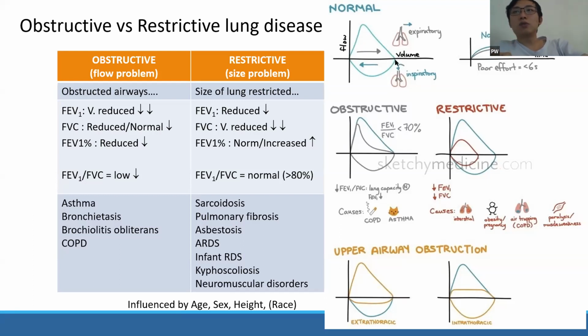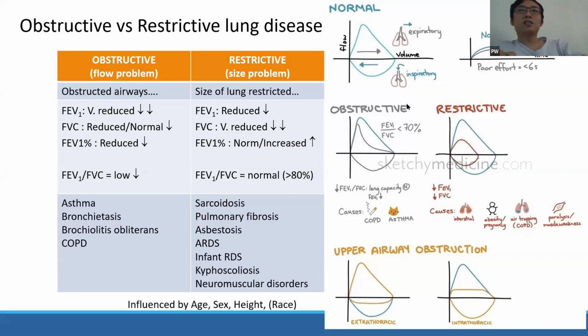In terms of breathing in, you can take a fairly large scoop and it's fairly constant throughout. You don't get that sudden peak, and it's a lot more gradual. That's what a normal lung looks like. Generally it takes about 6 to 10 seconds to completely empty your lungs, blowing all your air out.